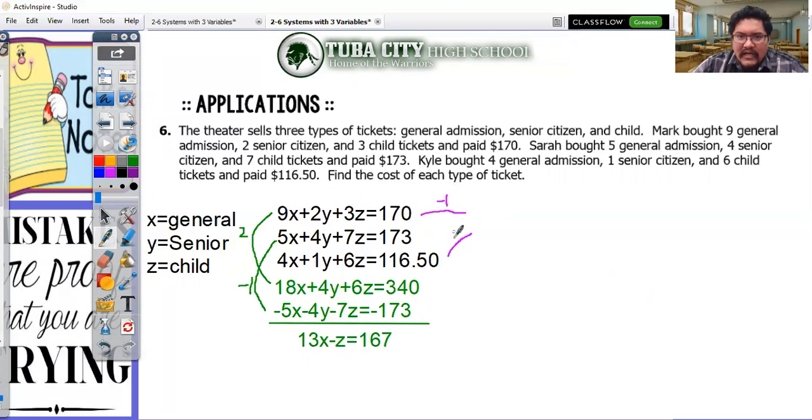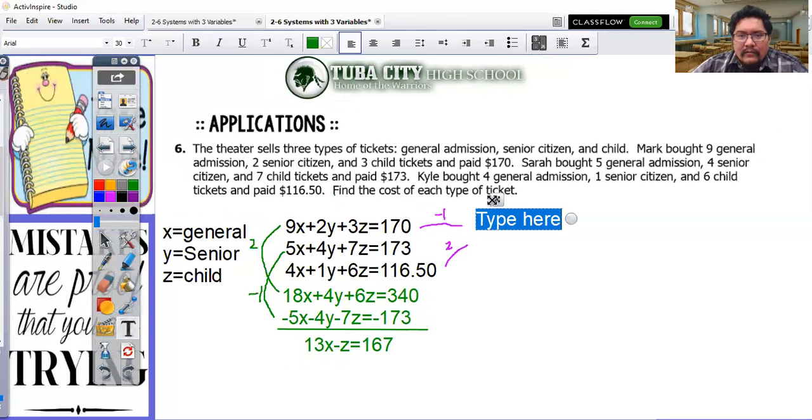So I'm going to make this one opposite, and I'm going to double this one here. Because again, the y's need to match, so they both have to be 2y, but then one of them also has to be negative. So instead of changing two things at a time, I'm going to just change one thing at a time. So this is going to be, let's see, negative 9x, and then minus 2y minus 3z equals negative 170.